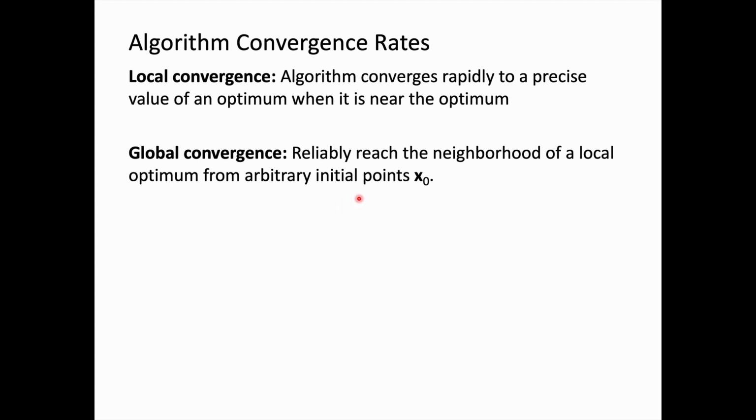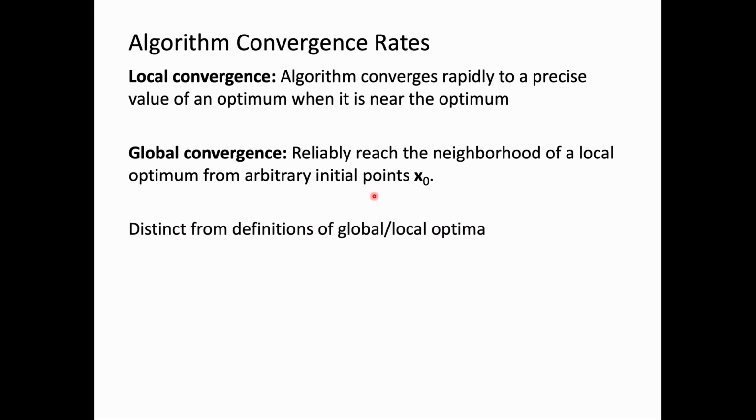And this often corresponds to algorithms that have this descent property. If we're far away, but we have a descent property, then that means we're going to keep going downhill, and we're going to more reliably find a minimum.